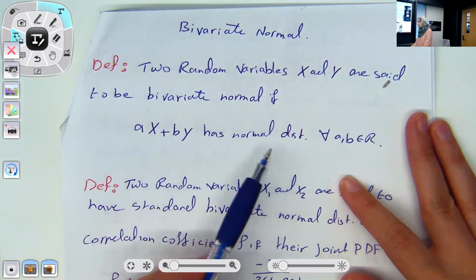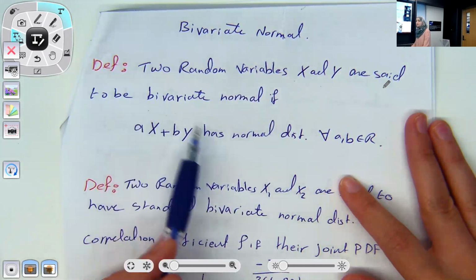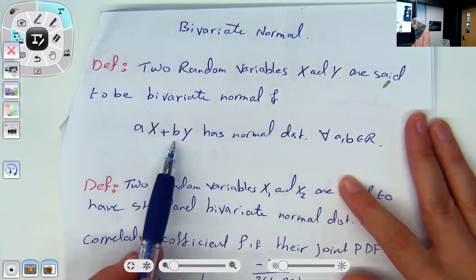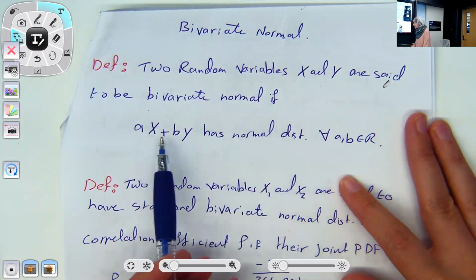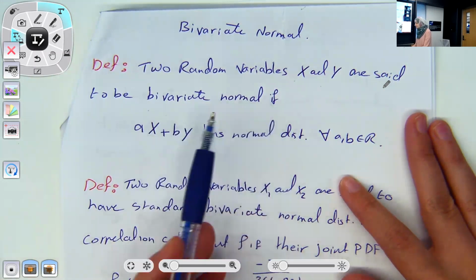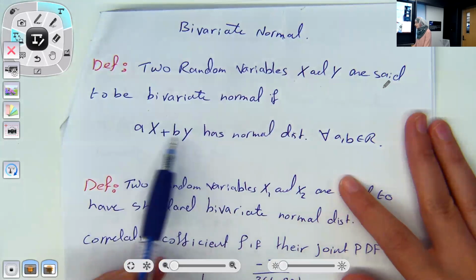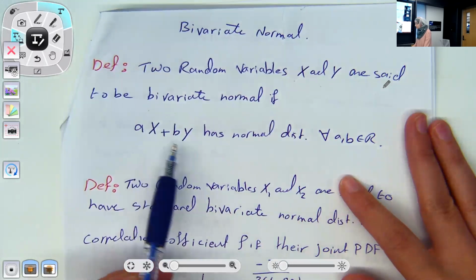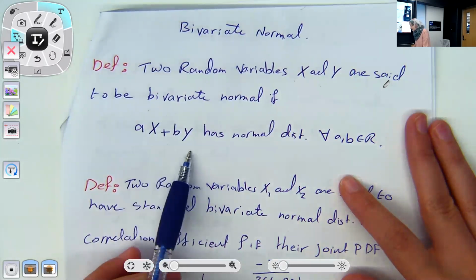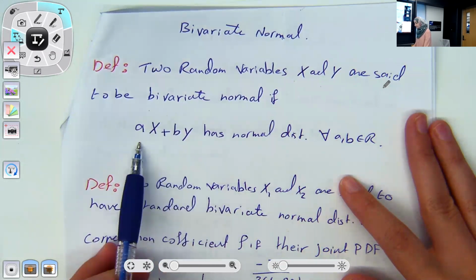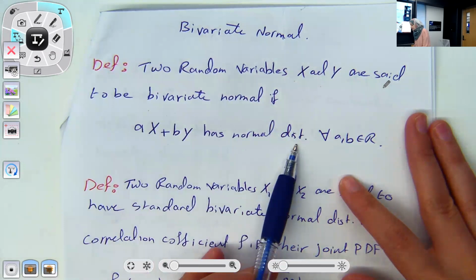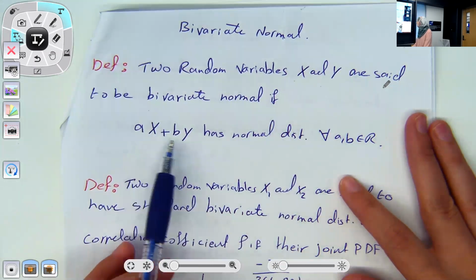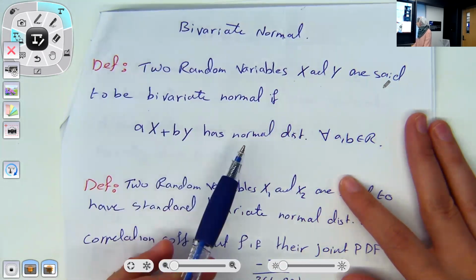So if you can find a and b such that the linear combination ax plus by is a normal distribution, we said this is a bivariate normal. It's bivariate because we have two variables, x and y, both random variables, and a linear combination between these is also a normal distribution. This is for all a and b belonging to R.